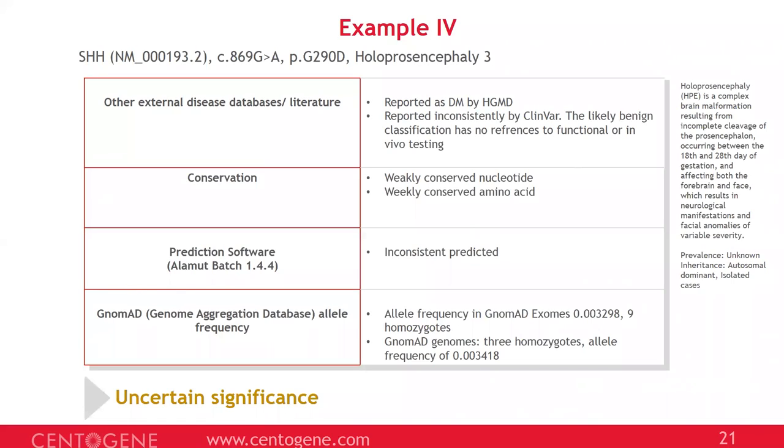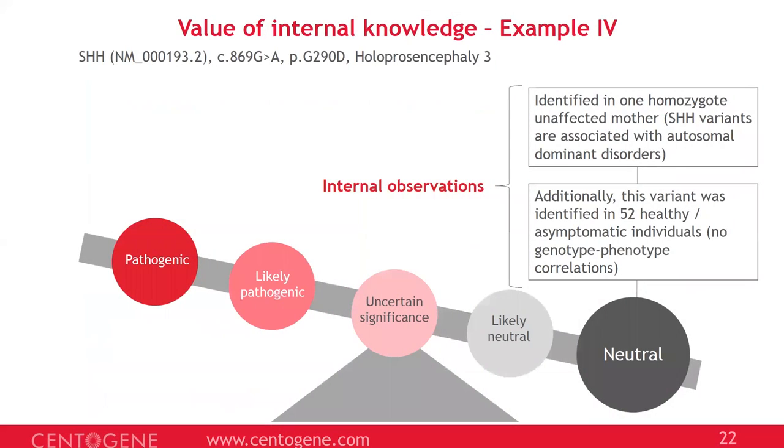Then from gnomAD, we saw that 9 homozygotes were described, and this was a very important piece of information for us, since we knew that the disease is an autosomal dominant disorder, and we would not expect to have homozygotes, especially unaffected. In the meanwhile, we received another interesting family.